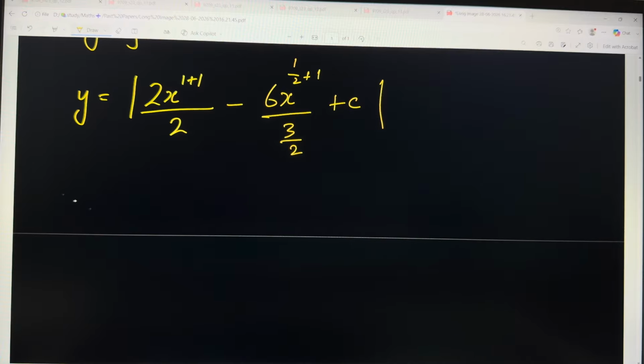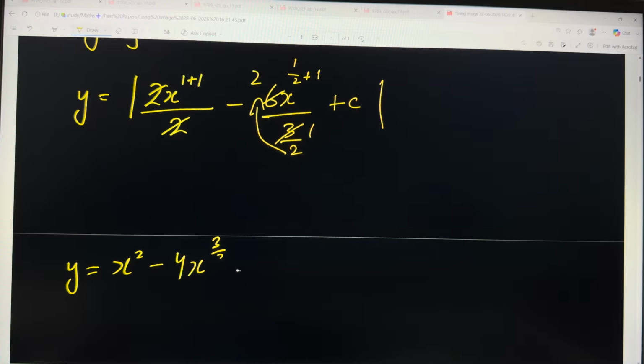Then we'll write this as y is equal to, so 2 cancels with 2, that becomes x^(1/2+1), which is x^(1/2) squared, minus, and 3 1s are 3, and then 3 2s are 6. Then this 2 will multiply by this 2, and this will become 4. So 4x^(1/2+1), which is x^(3/2), plus c.